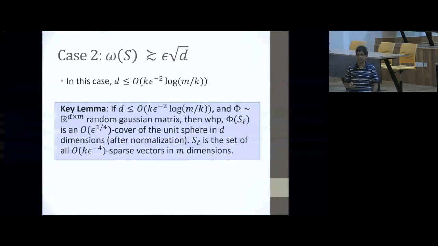We show that if d is small, of this order, and you take a random Gaussian matrix phi, then you can cover the unit sphere in d dimensions by taking L-sparse vectors, where L is some order k. You can take sparse vectors in m dimensions and project them down to d dimensions.